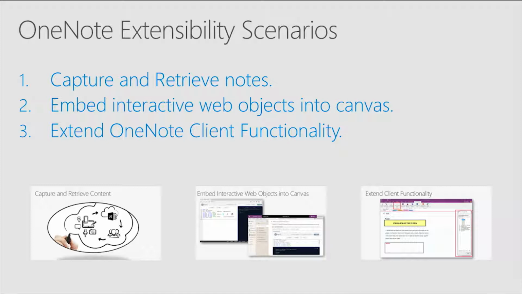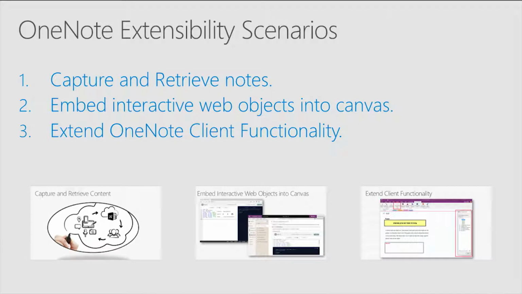OneNote supports 3 extensibility technologies. The first one is OneNote REST APIs on Graph, which allows developers to programmatically capture or retrieve content to and from OneNote without having the OneNote client installed on their computer or involved in the process.